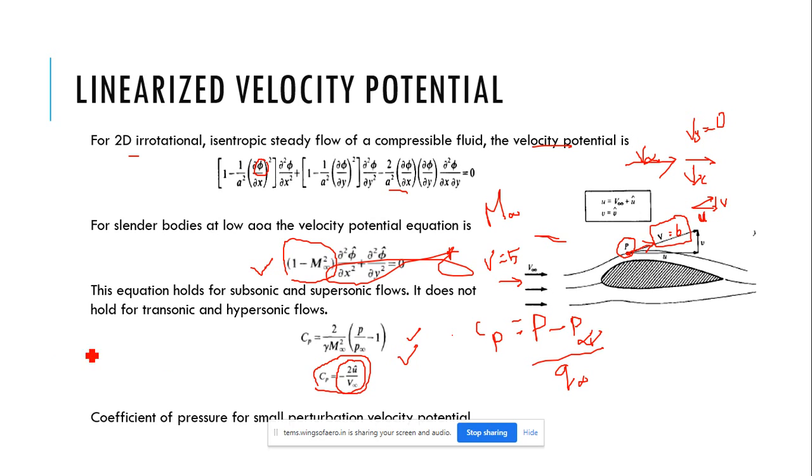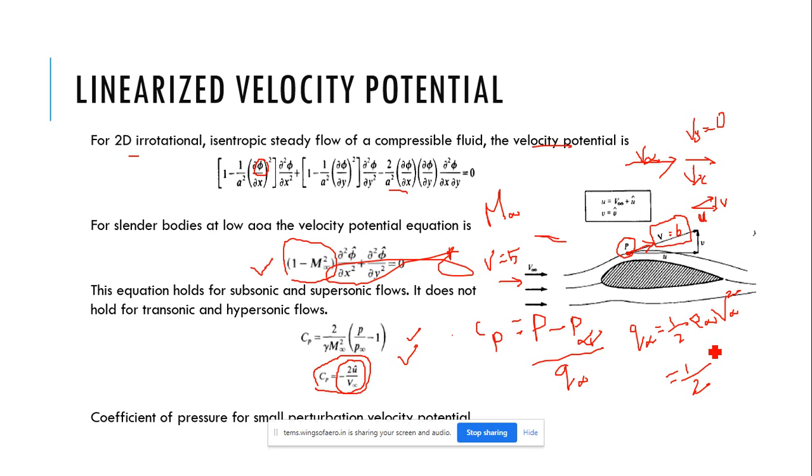Actually, how it came: here Cp equal to P minus P infinity divided by Q infinity. We know Q infinity equals half rho infinity V infinity square. Here we can multiply and divide by gamma P infinity.